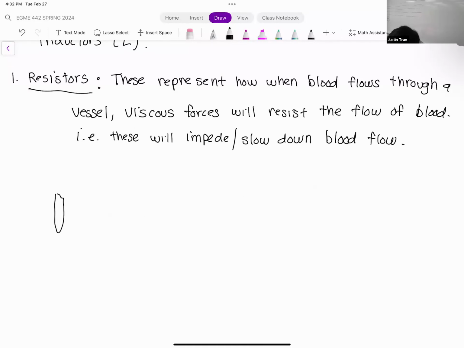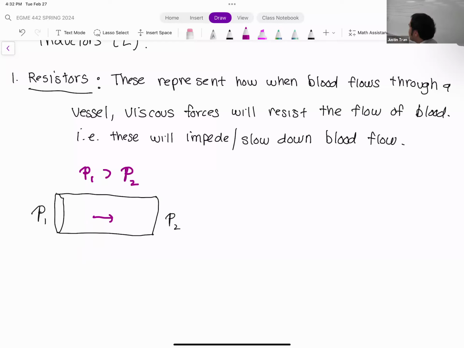So visually it looks something like this. Let's say that we have a blood vessel here. We know that if we have an internal flow like this, we have pressure-driven flow. So as long as P1 is greater than P2, blood flow is going to go from left to right. The way that we can represent this using a resistor looks like the following.